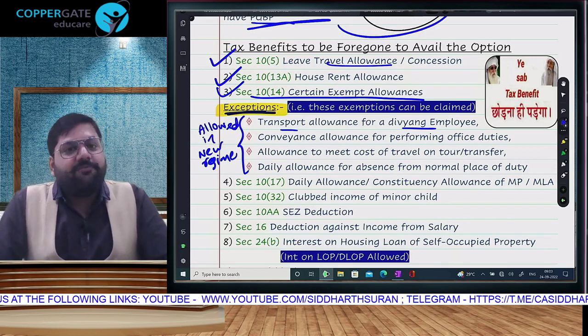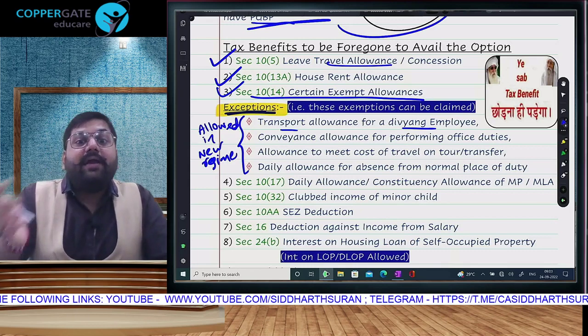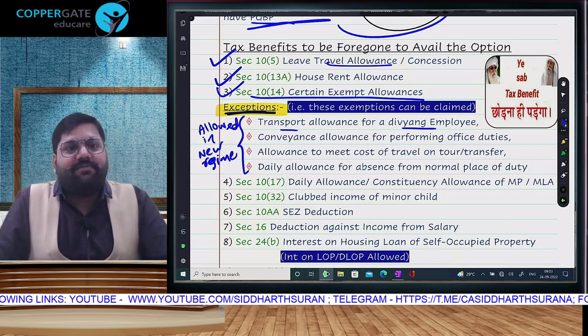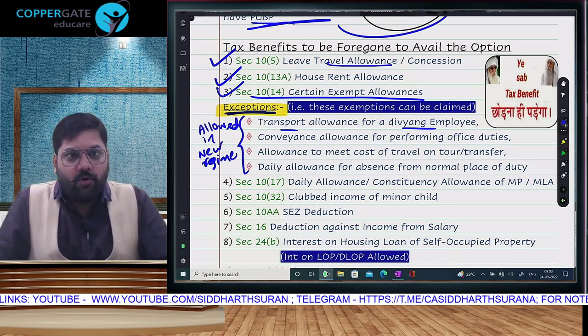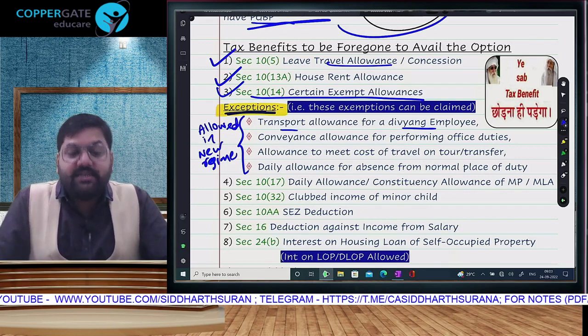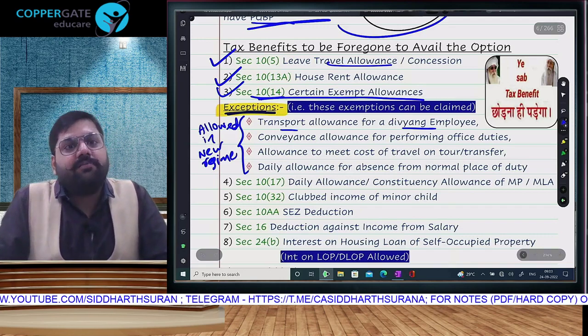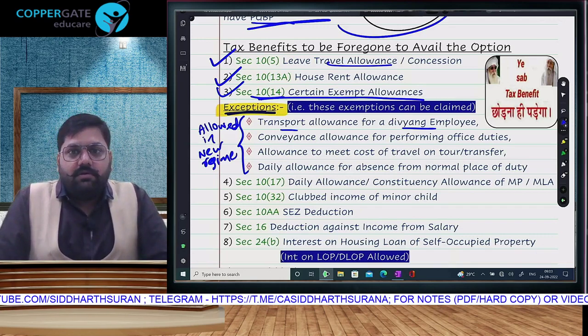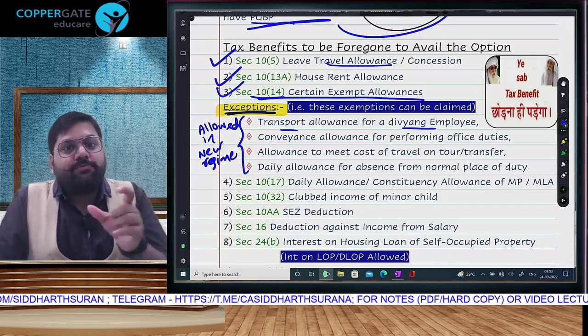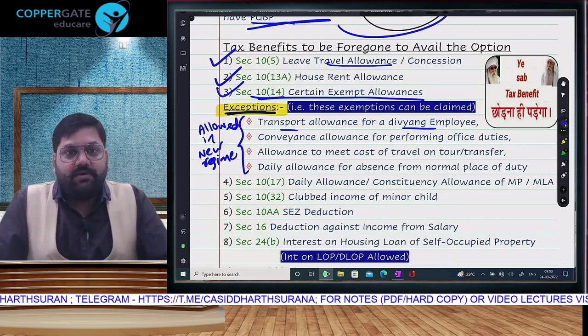Any person suffering from disability, to whom the boss gives transport allowance for coming from home to office, gets a tax exemption in 10(14): 3,200 rupees per month exempt.